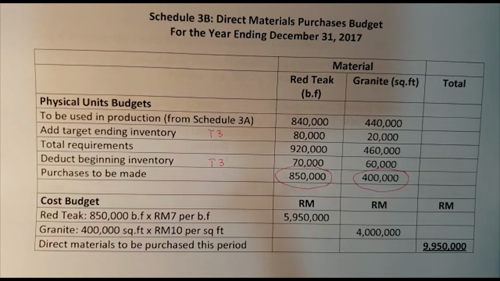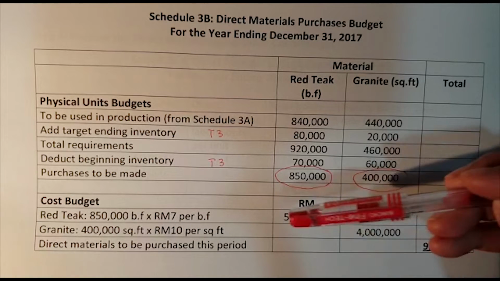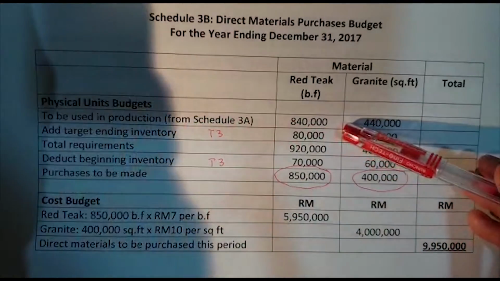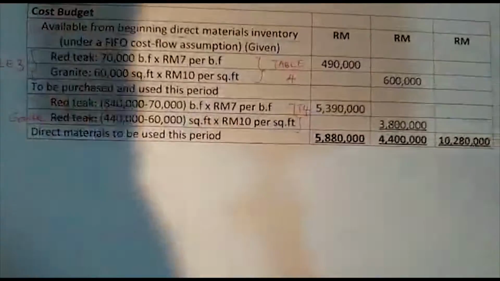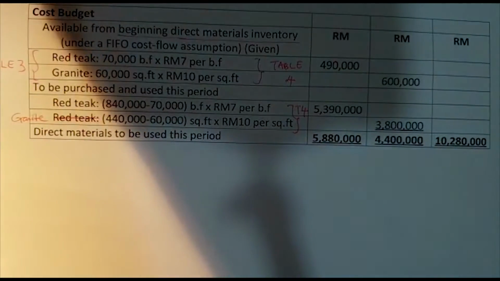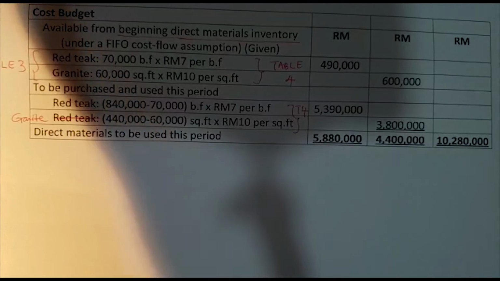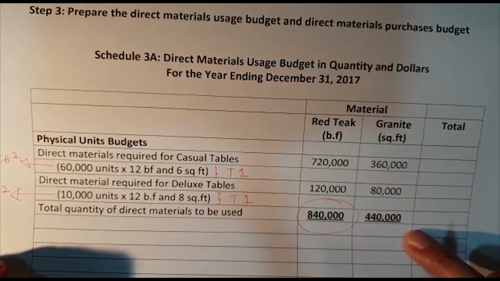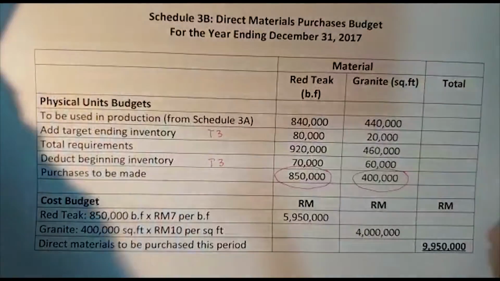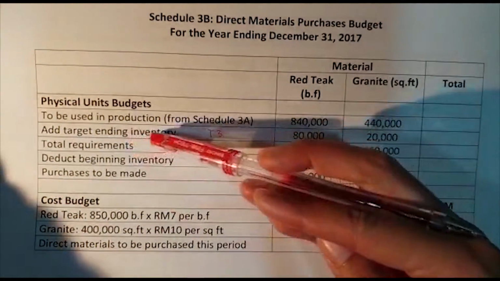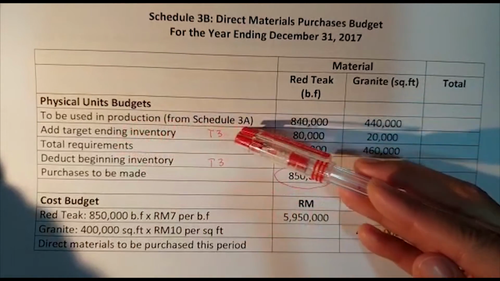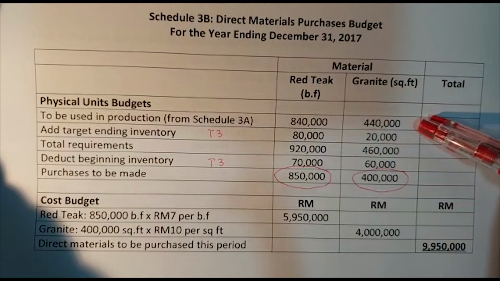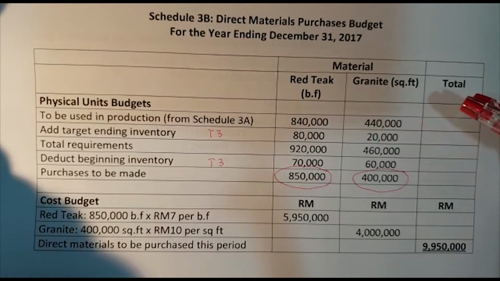So we start with whatever that we need to use in our production, that is basically from schedule 3A before, on the physical unit. In this 3B, start with the physical units of 840,000 and 440,000 that we get from schedule 3A.